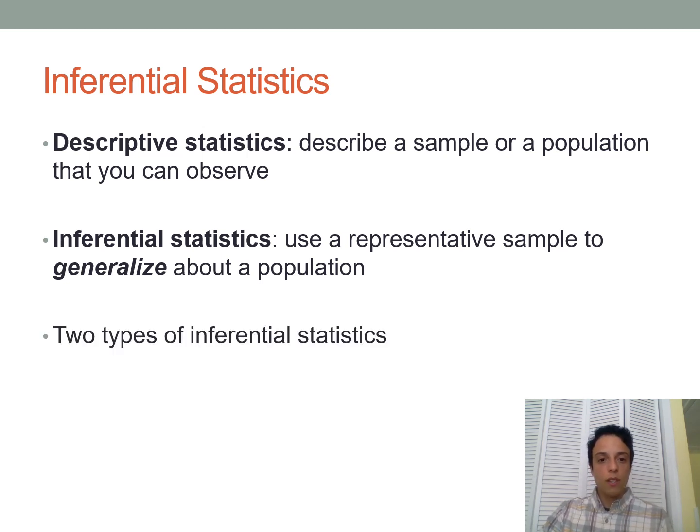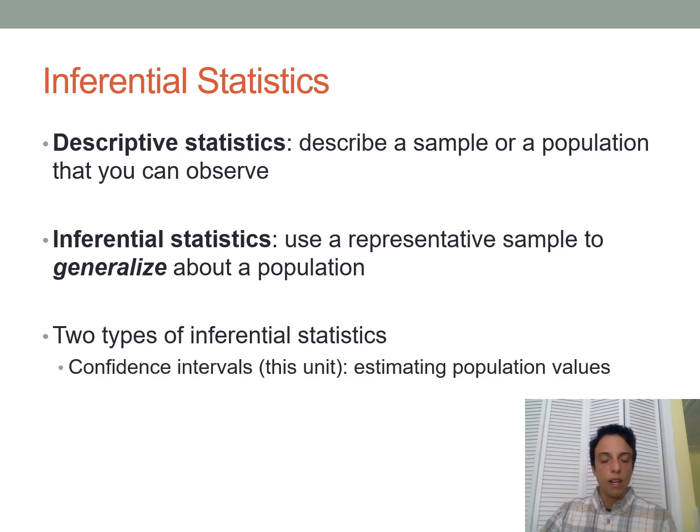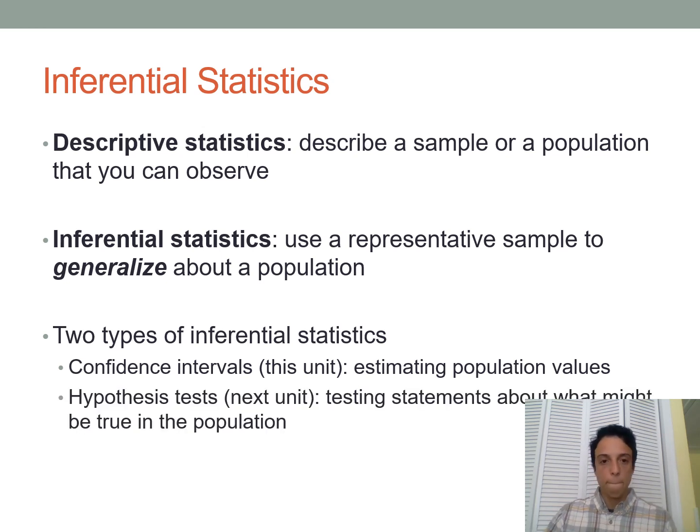Briefly also, there are two types of inferential statistics. The one that we're going to be working toward in the remainder of this unit will be something called a confidence interval, and that'll let us estimate population values. So if we were thinking about death penalty support, you could come up with a range of numbers that would tell you it's most likely that between this percentage and this percentage of people in the United States support the death penalty.